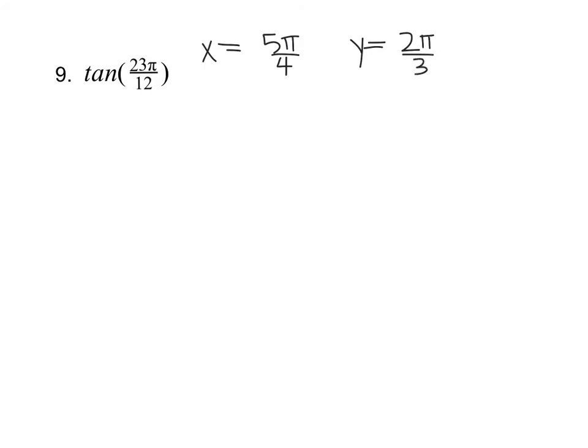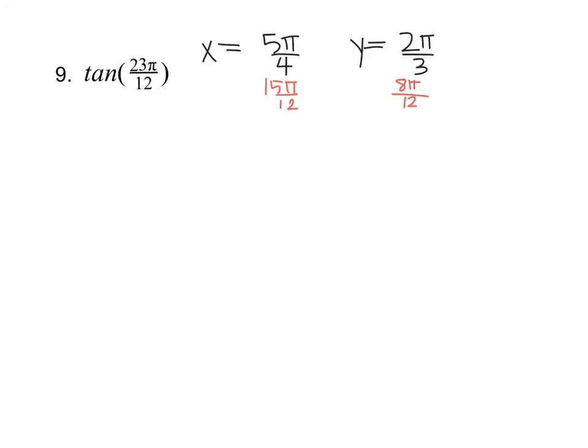Because if I rewrite 5 pi over 4 with a denominator of 12, we get 15 pi over 12. And if we rewrite 2 pi over 3 with a denominator of 12, we get 8 pi over 12. And 15 pi over 12 plus 8 pi over 12 is 23 pi over 12.